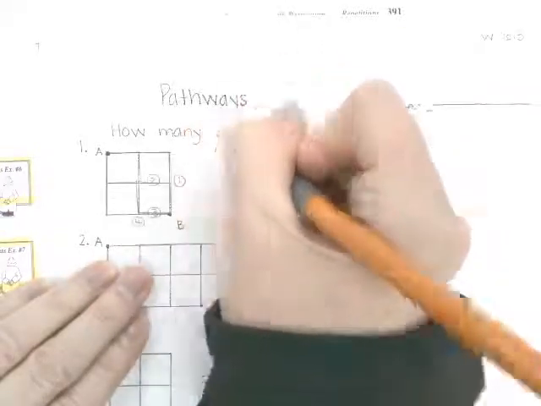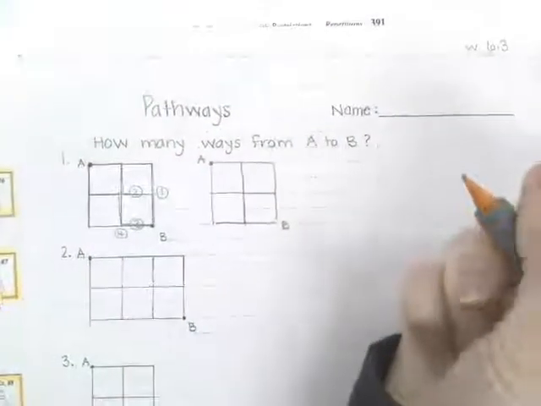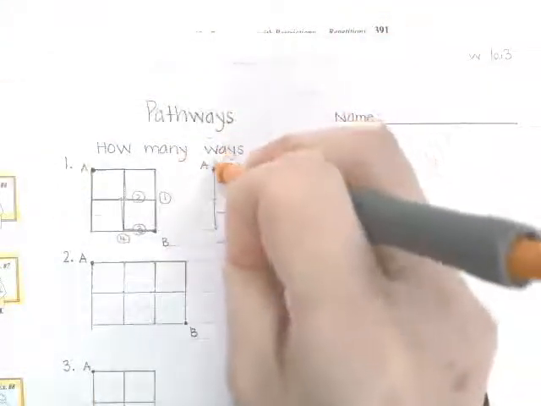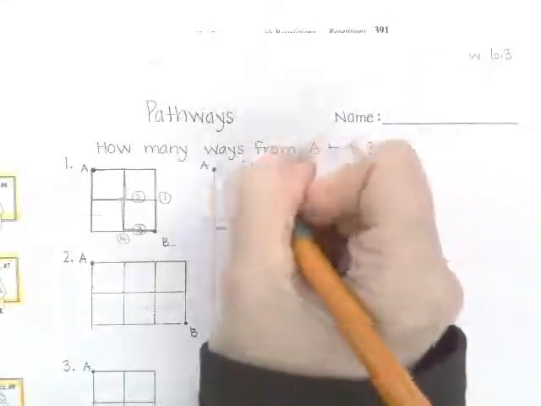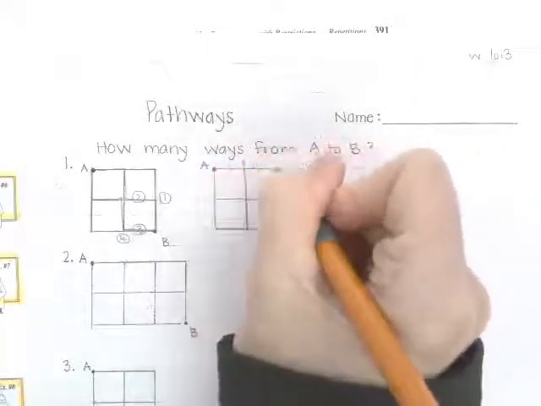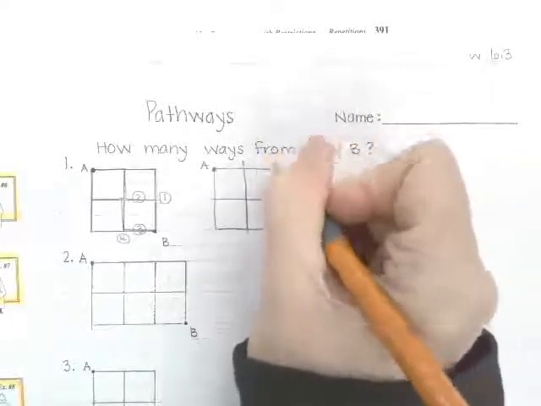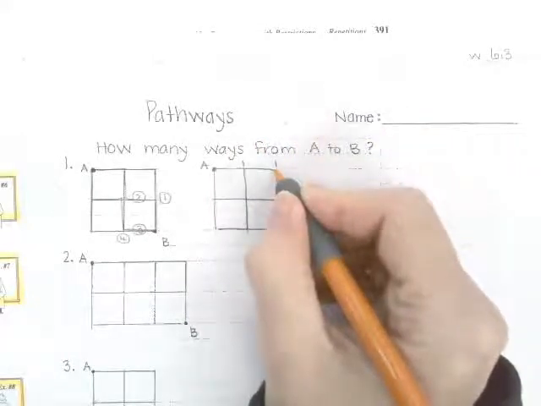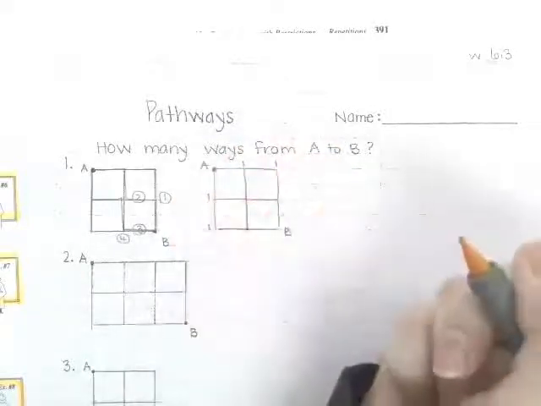So you're going to start at A, and then you're going to think, this is you on your little bicycle. You've got one way to get to this intersection. If you keep riding, you've not turned anywhere, you haven't changed directions at all, you still have only had one path getting to this end corner. So same thing vertically, 1, 1.